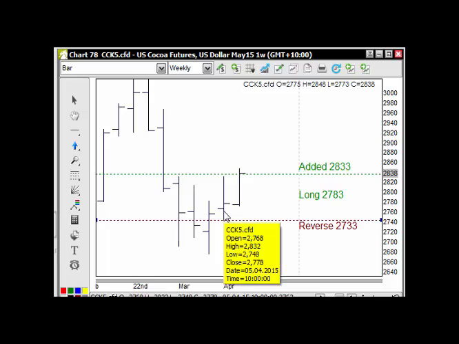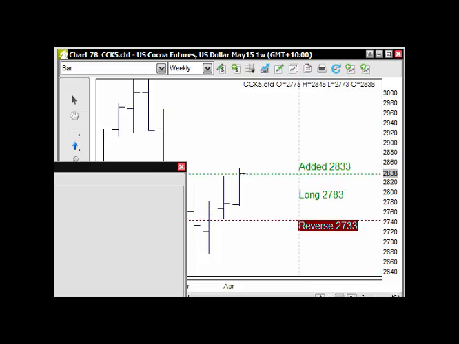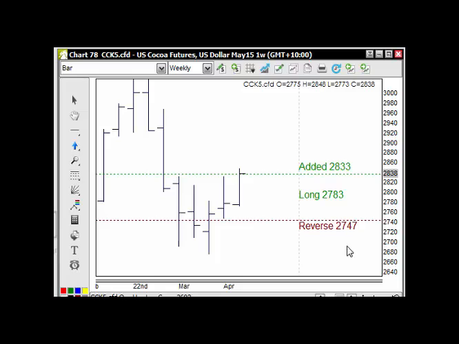So that low there is 27.48, so we can put that at 27.47. Don't particularly like stops at 7. I prefer 6. But in this case, it doesn't matter. So that's where that's going to be.